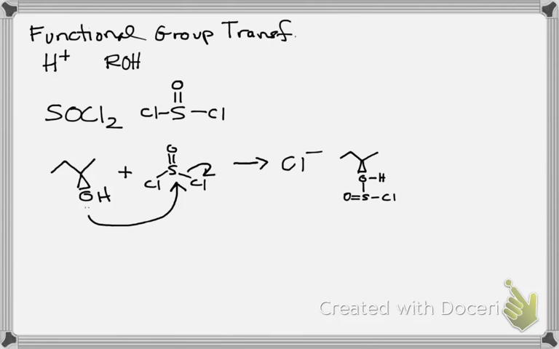And a positive charge on the oxygen. And that, again, balances the charges out. So I have the chloride ion plus the alcohol now attached to what was thionyl chloride.